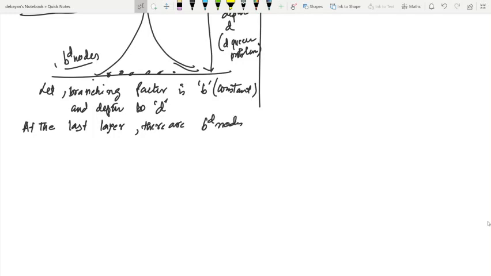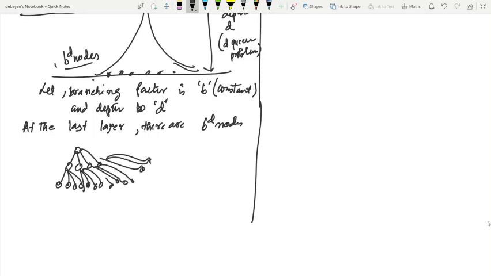What do you mean by branching factor? That means if the branching factor is constant like that, so this is also 4 and this is also 4. If the depth is 3 and the branching factor is 1, 2, 3, 4, then of course the number of nodes at the last level is b to the power d.